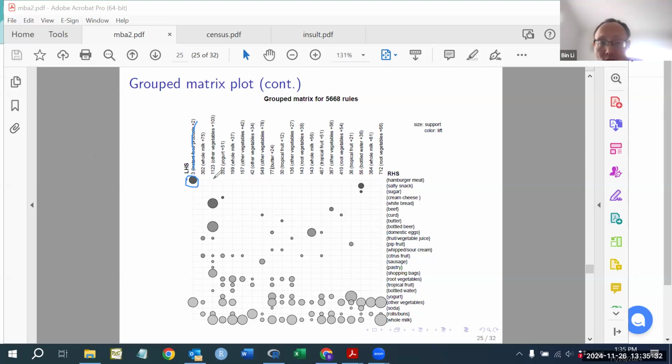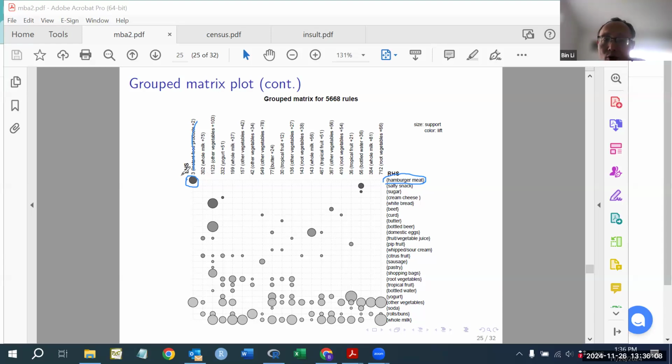If you move to the left or right column, you will see the hamburger meat. So these 3 rules, which have large support and relatively high lift value, mean a strong connection between the right hand side and the left hand side. They have the same consequent, the hamburger meat, but they have one common item for the antecedent, which is the instant food products, plus 2 others.